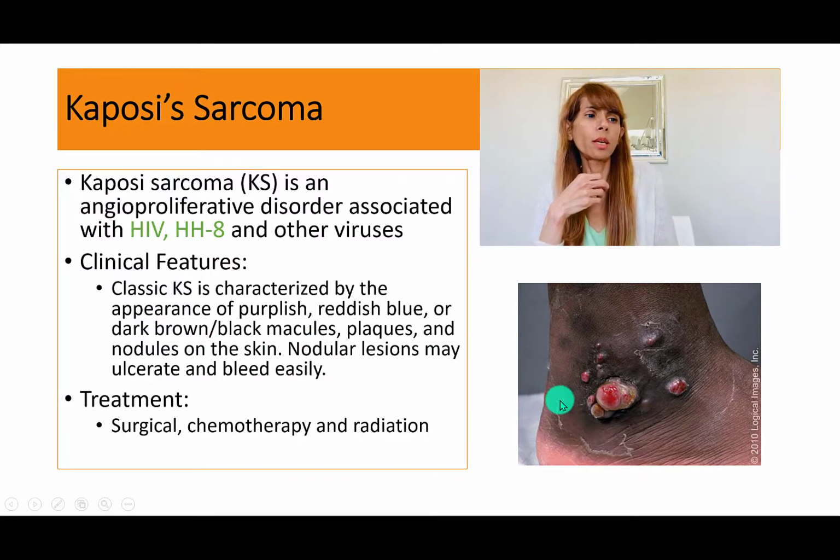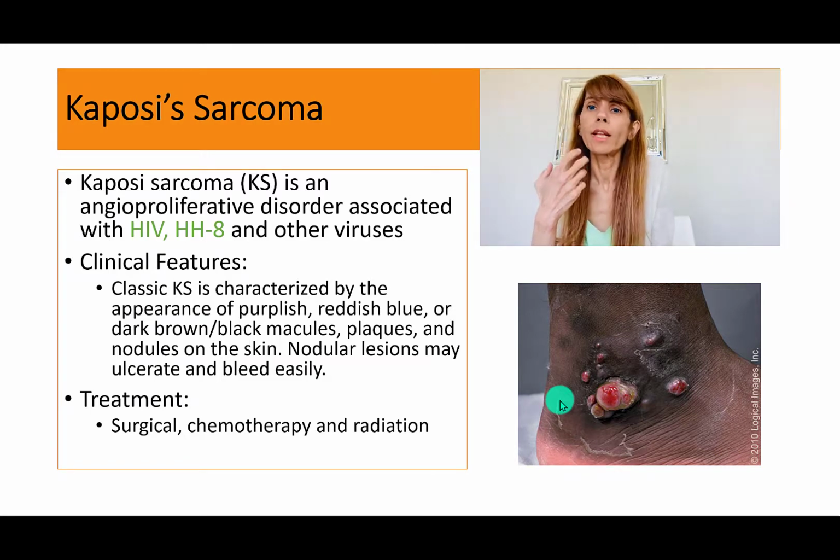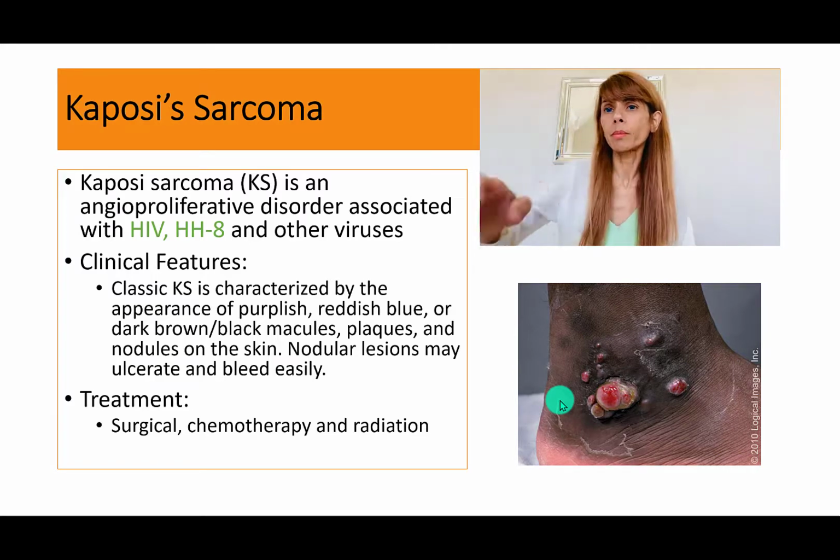And these lesions ulcerate and bleed very easily, and that's how you recognize them. Usually patients already have a history of HIV infection or other herpes infections, so that is how you can make the diagnosis. But most of the time, you are going to need to do a biopsy to make the final diagnosis of Kaposi sarcoma.